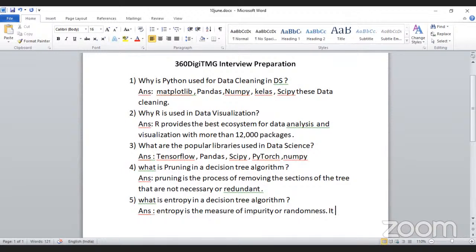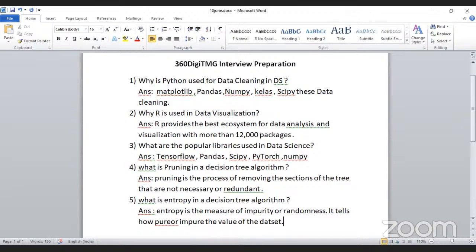It tells how pure or impure the values of the data set are.